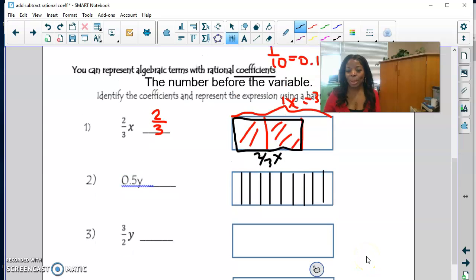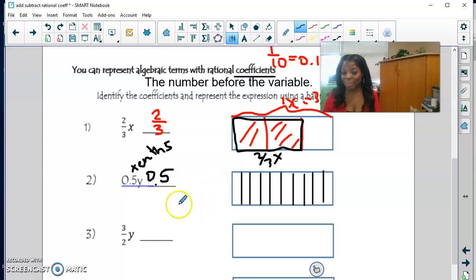Okay, the next one is 0.5y. How do I say 0.5 using my decimal words? 5/10. Nice job. And if I am writing down tenths above the 5, what do you think you should do? Nice job, mathematicians. Okay, what is our coefficient in number 2? Oh my gosh, you guys are doing a wonderful job.